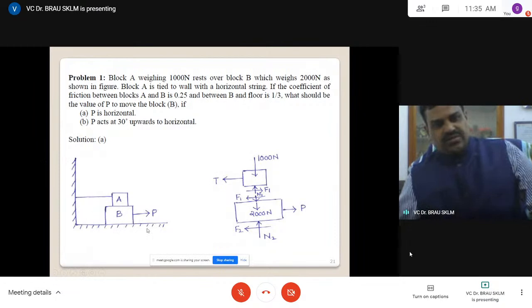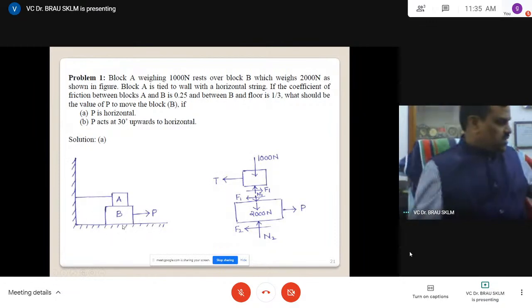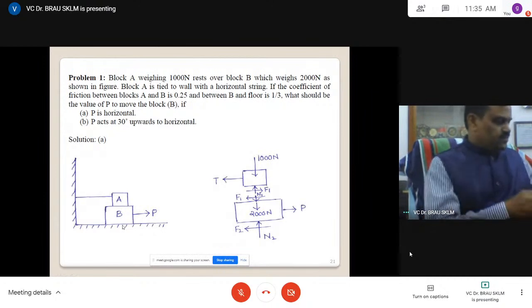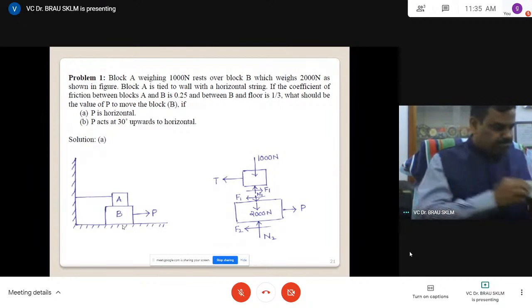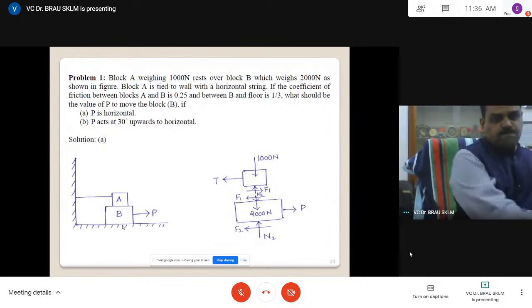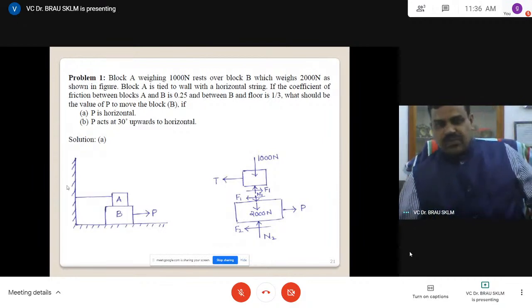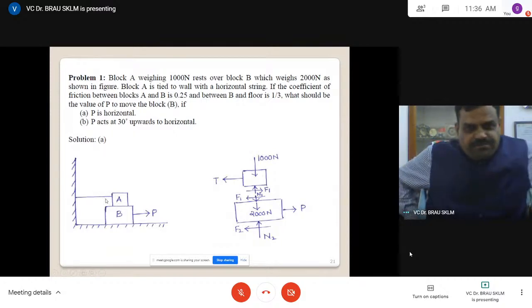Here I removed all surroundings, and I represent the forces that are there. Block A is connected to a rope, a string, so because of equal and opposite force, there is a tension T.